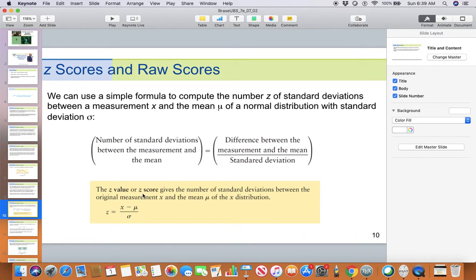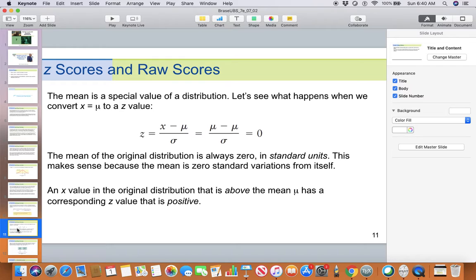The z value or z score gives the number of standard deviations between the original measurement x and the mean mu. So the z value basically measures how many standard deviations you are away from the mean. Mean is mu, x is your raw score, sigma is your standard deviation. So this fraction tells you how many standard deviations you are away from the mean mu.